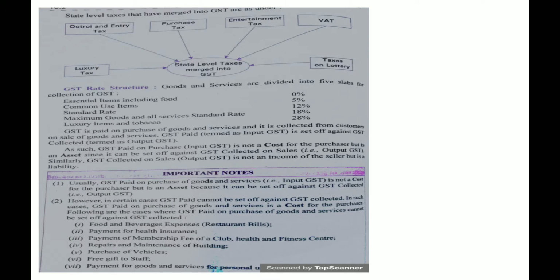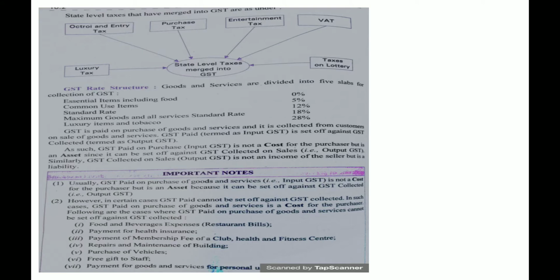Common use items are 5%. Standard rate is 12%, and the maximum standard rate on goods and services is 18%. And on luxury items and tobacco it is 28%.